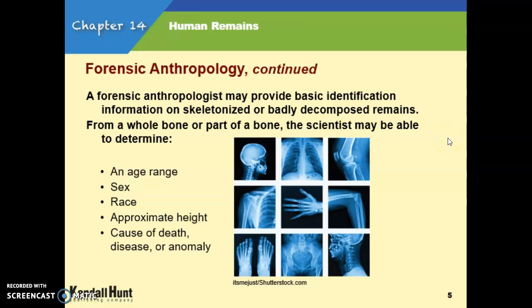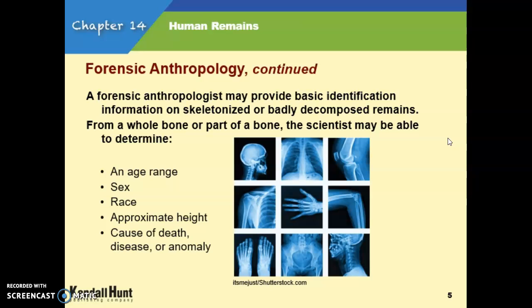All right, so a forensic anthropologist may provide basic information on skeletonized or badly decomposed remains. So, from a whole bone or part of a bone, scientists can determine an age range, the sex, race, height, and potential cause of death, disease, or anomaly.